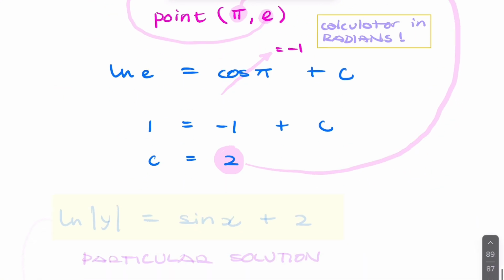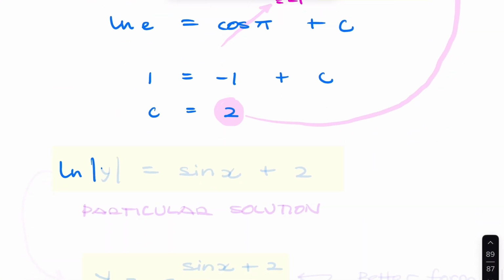My general solution has a c in it. My particular solution shouldn't have a c in it. It should just have x and y. So that now is my particular solution. That's what they ask for in the question. That would generally be acceptable.